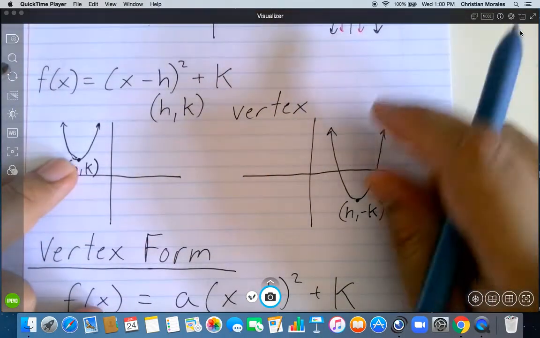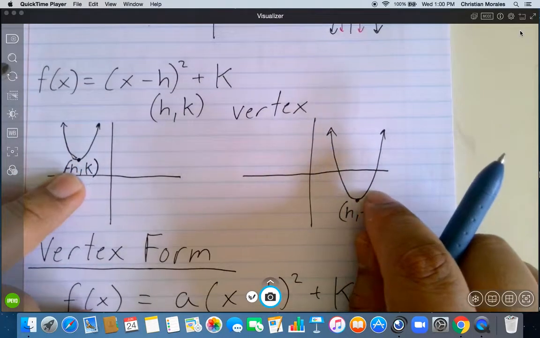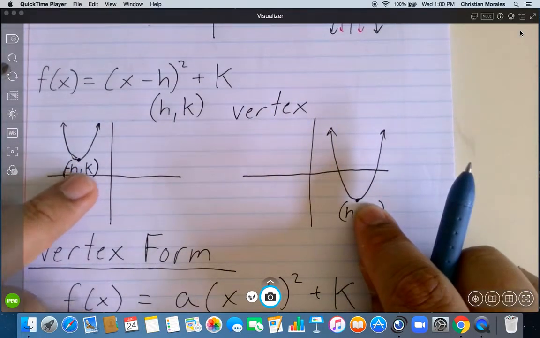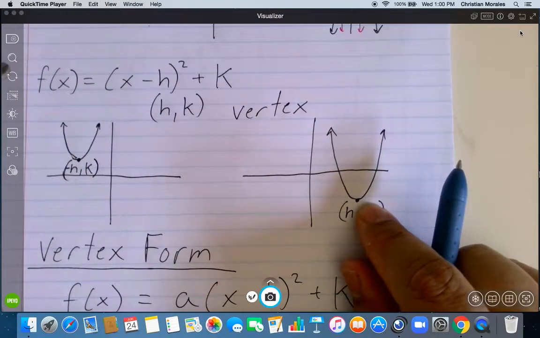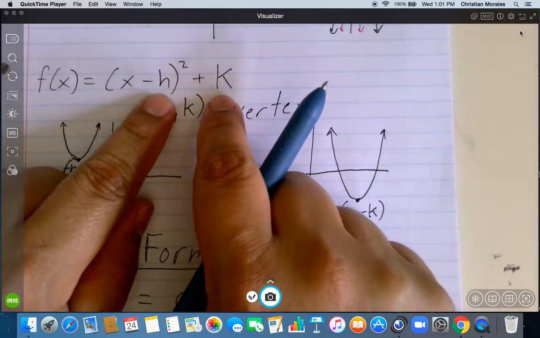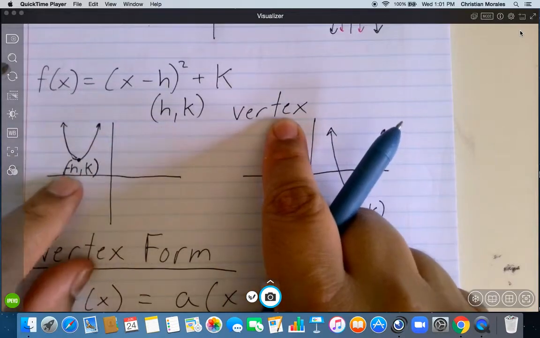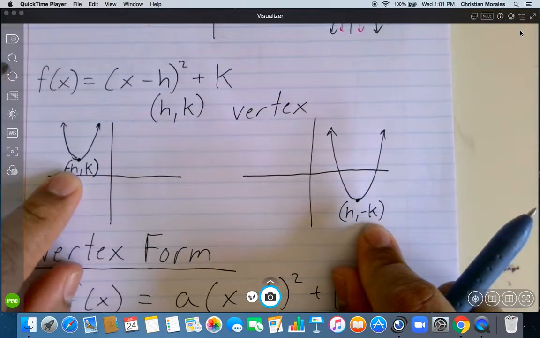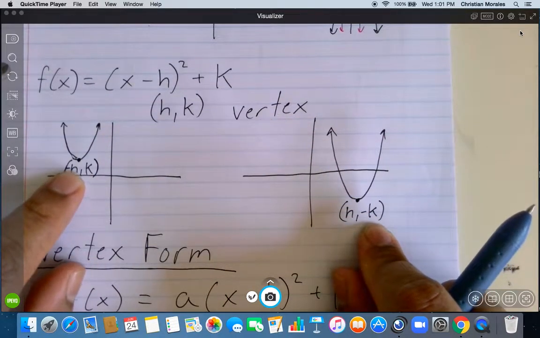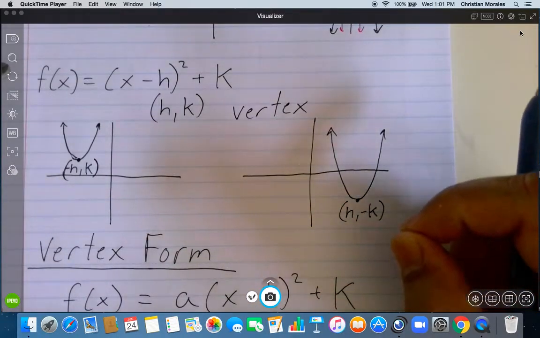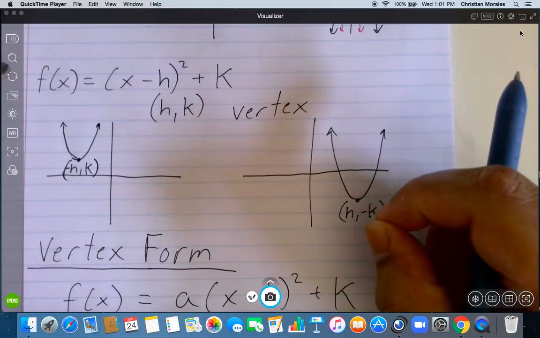If you change the vertex, you can move where the center is and move the parabola. Now, in the equation, you have to use two numbers, though. Those two numbers will give you the new vertex. It'll give you the new center point. Okay? So now you can change the size, but you can also change the location of the parabola.